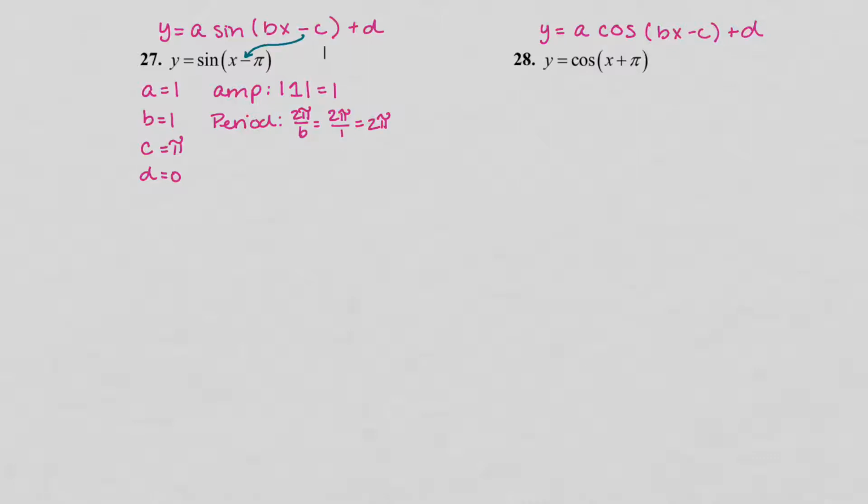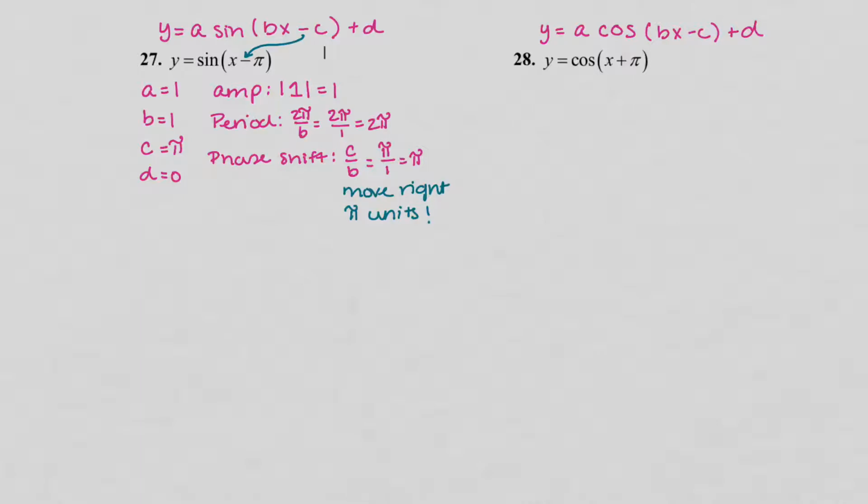Then we talk about phase shift. And our phase shift, remember, is c over b. And so for us, that is pi over 1, which is pi. And what that means is we're going to move right pi units.